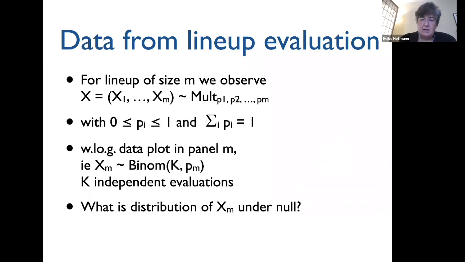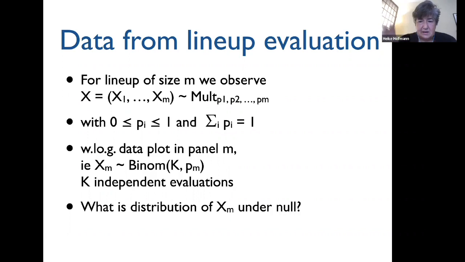So we can think of the number of evaluations as being sampled from a multinomial distribution. So p_i would be the probability that somebody picked panel number i in this plot.